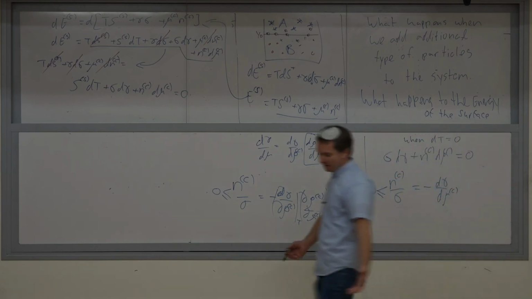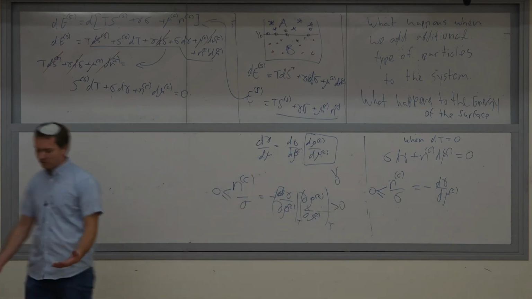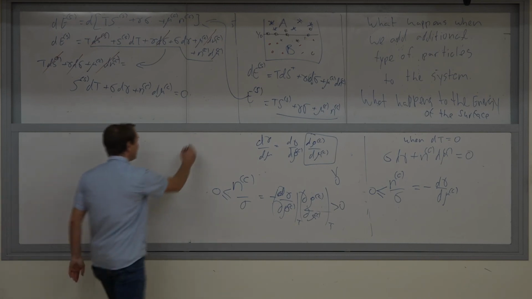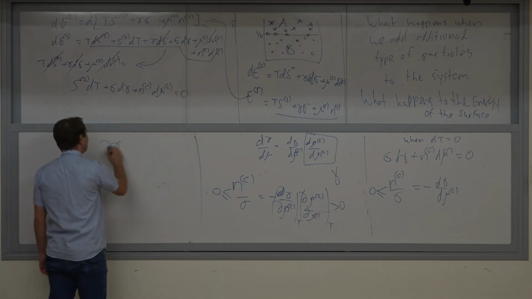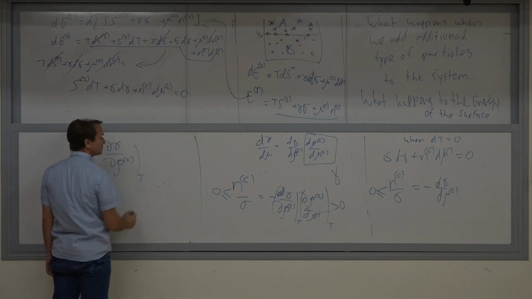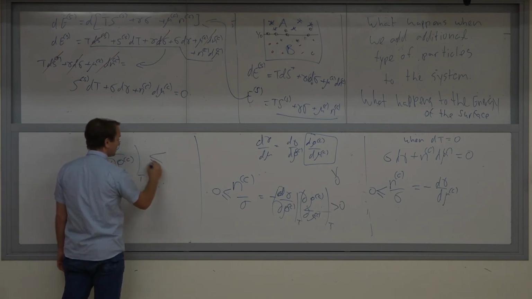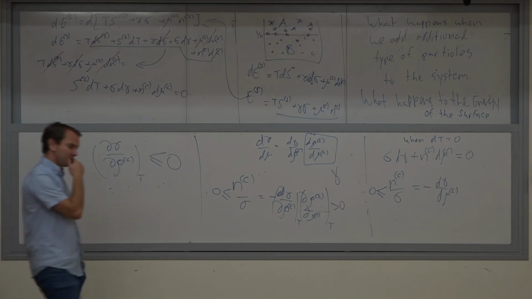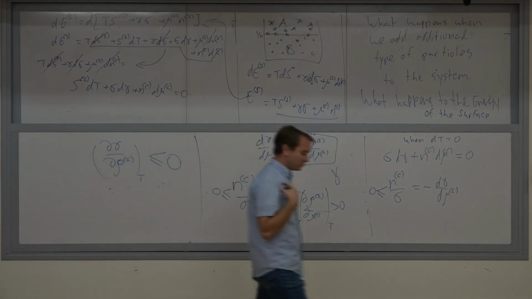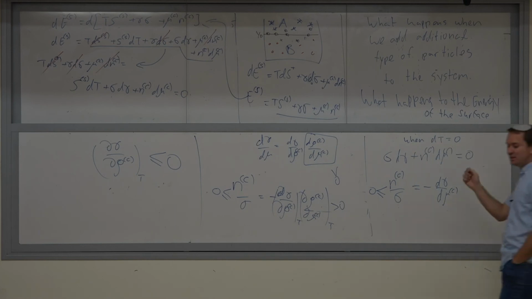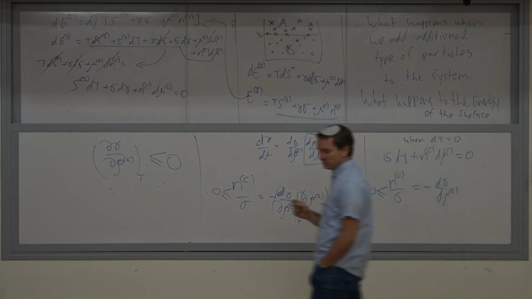Higher chemical potentials, more particles. More particles, higher concentration. What we obtain is that dγ/dρc at constant temperature is always negative. What we have obtained here is that the surface tension decreases as we add additional particles to the system.